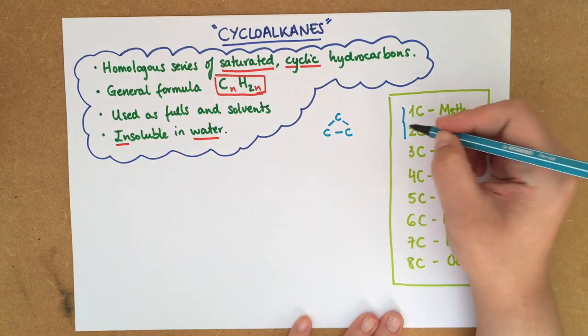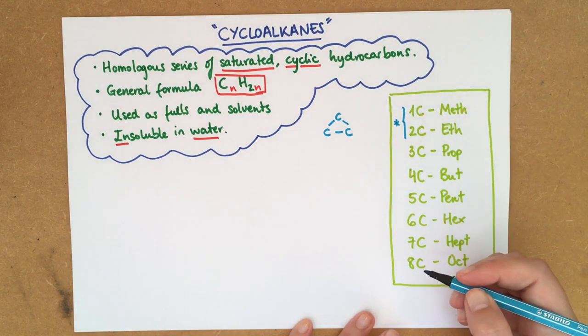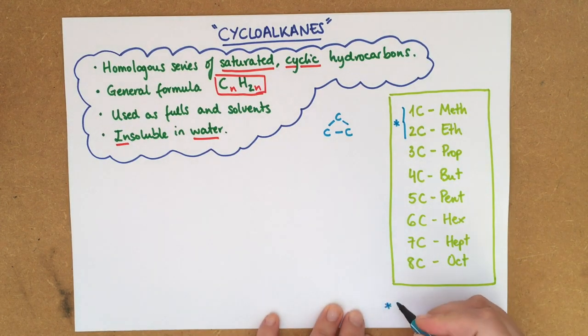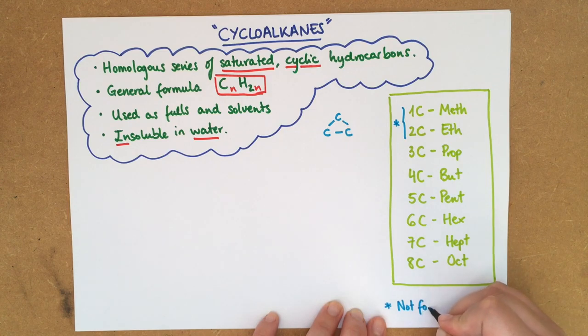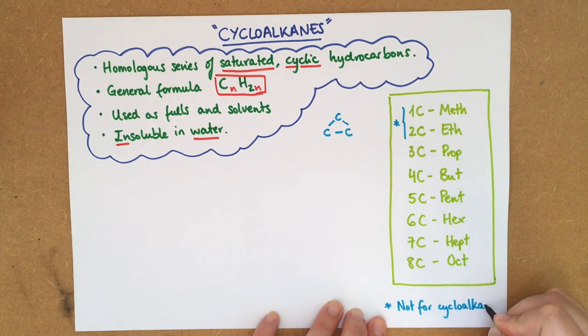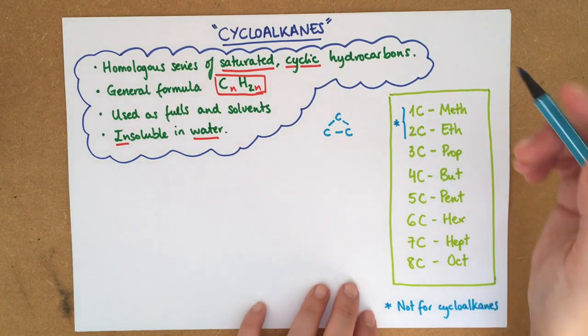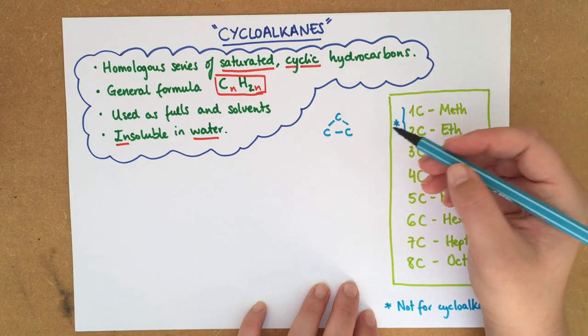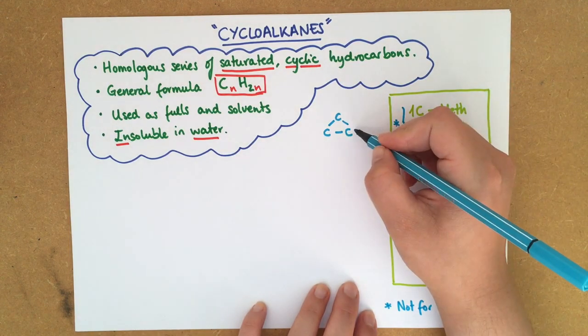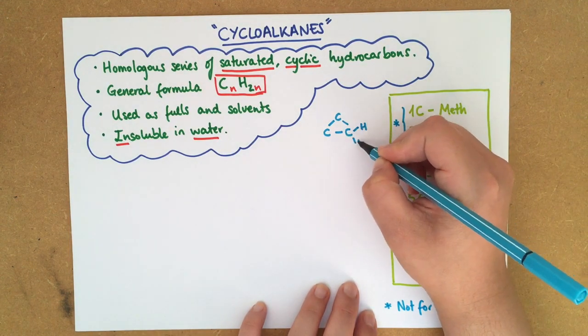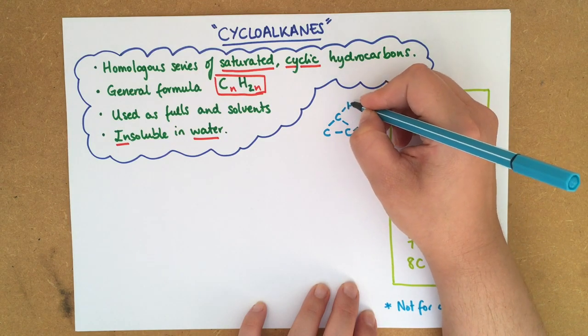So that means that actually we're not going to use any of those in cycloalkanes. So we would start with 3 carbons. We're going to complete these, so each carbon has its 4 bonds. So we complete with hydrogens.